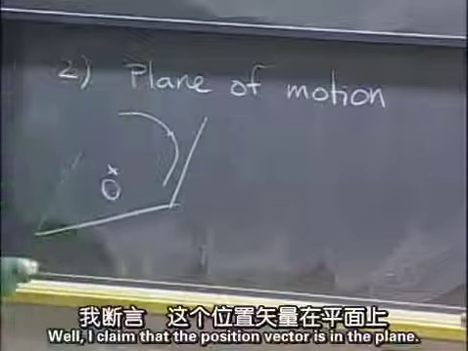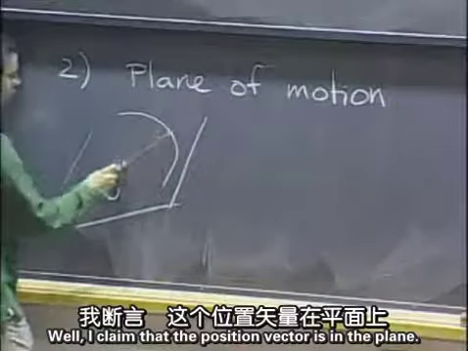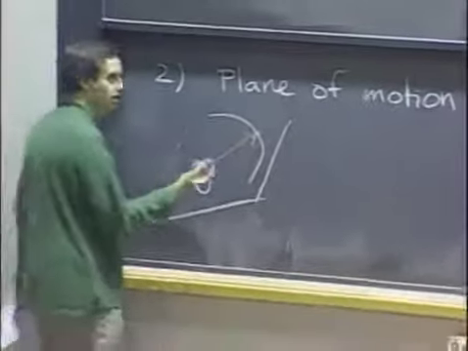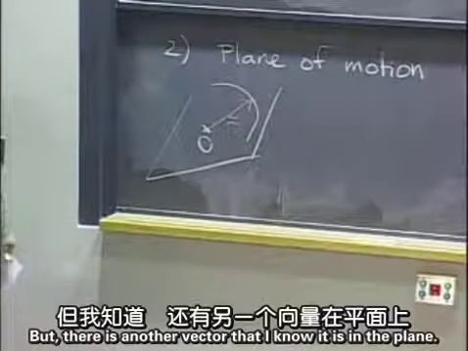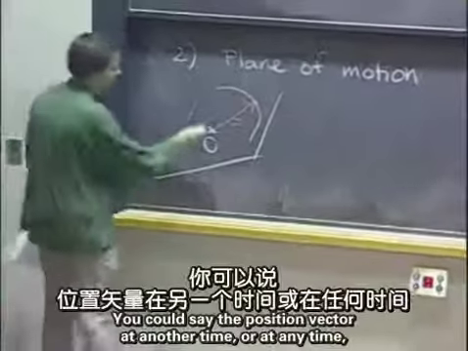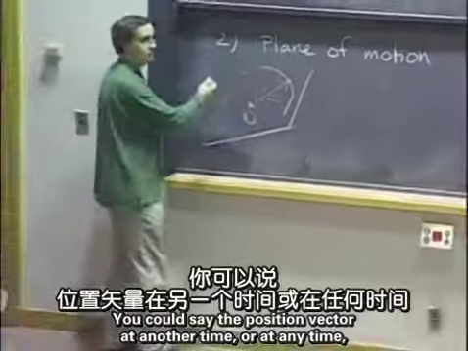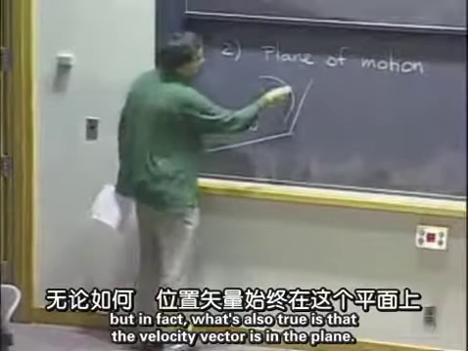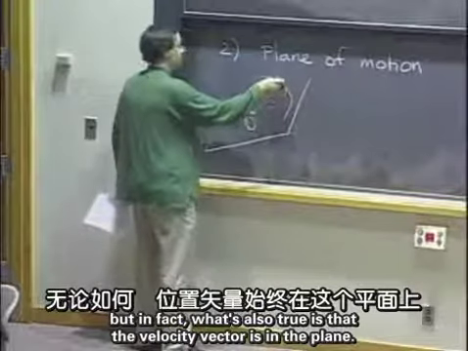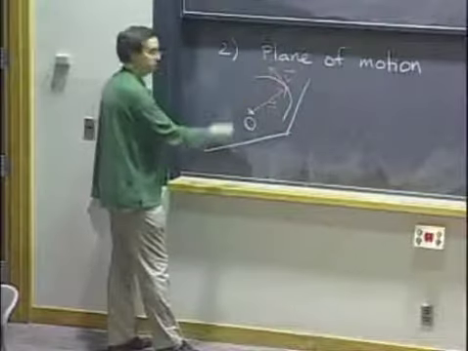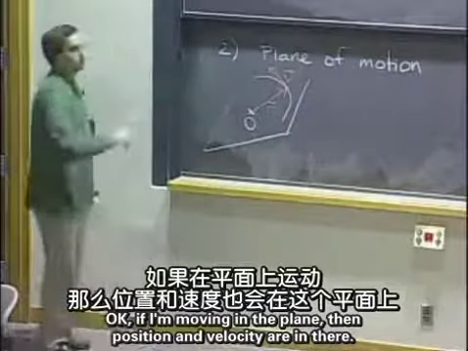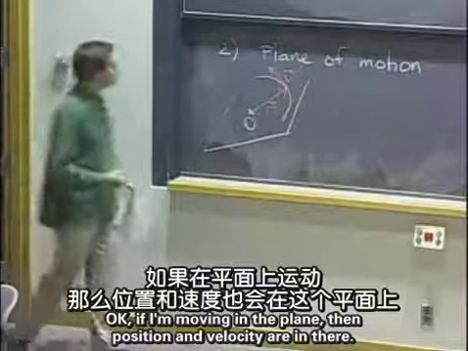Well, I claim that the position vector is in the plane. Okay, that's what we are saying. But there's another vector that I know is in the plane. Well, you could say, okay, the position vector at another time or at any time. But in fact, what's also true is that the velocity vector is in the plane. Okay, if I'm moving in the plane, then position and velocity are in there.